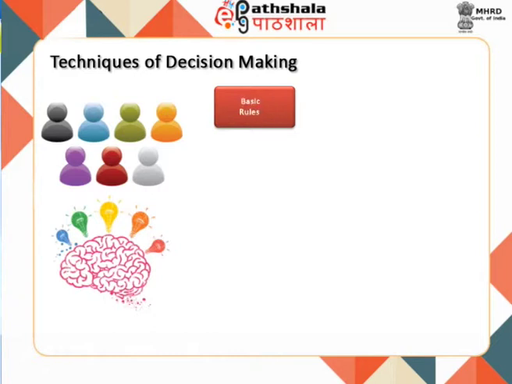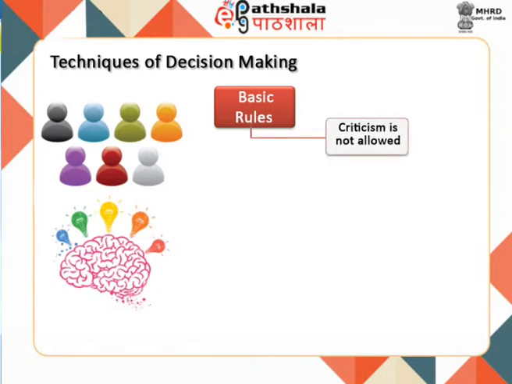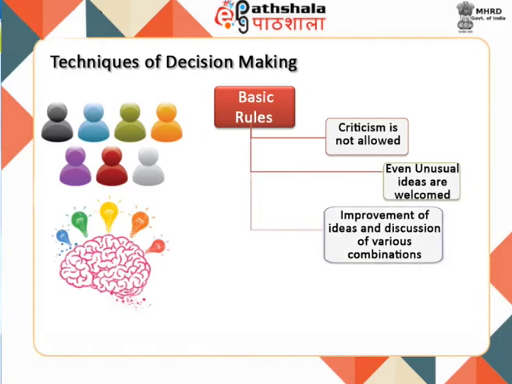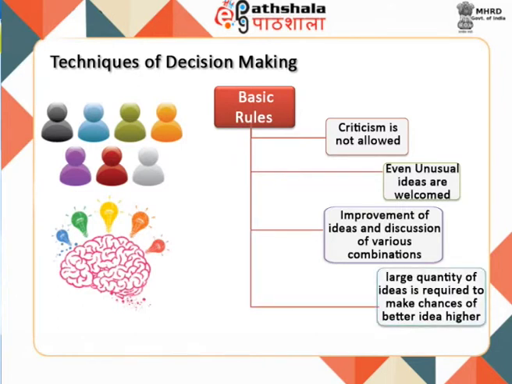The four basic rules that are followed in a brainstorming session are: criticism is not allowed, even unusual ideas are welcomed, improvement of ideas and discussion of various combinations, and a large quantity of ideas is required to make chances of a better idea.